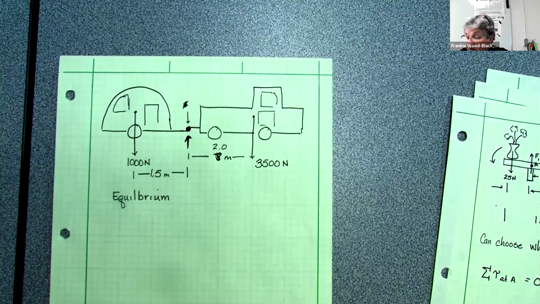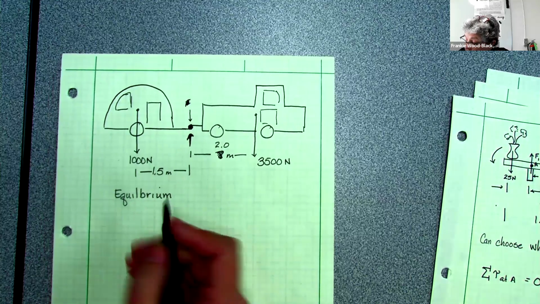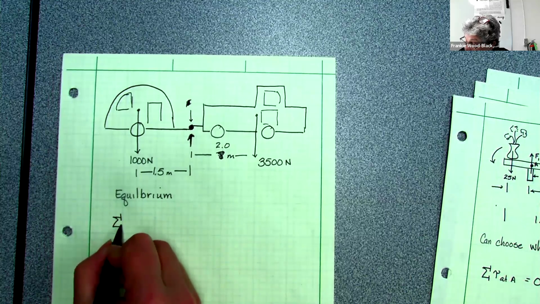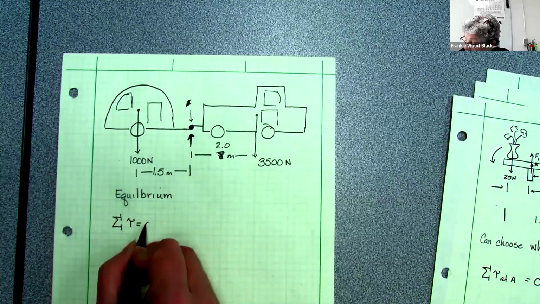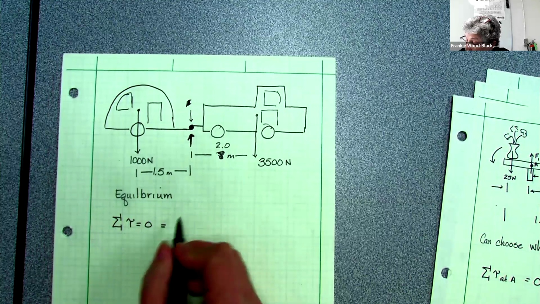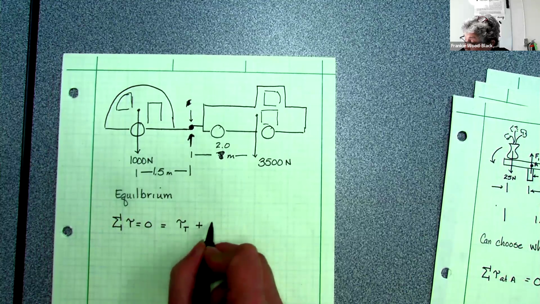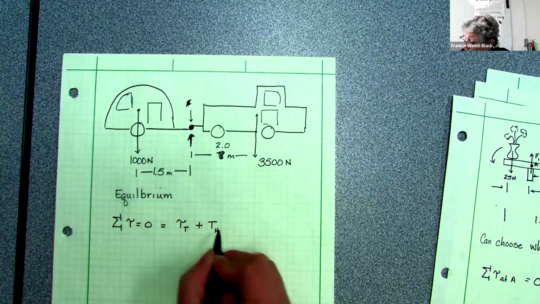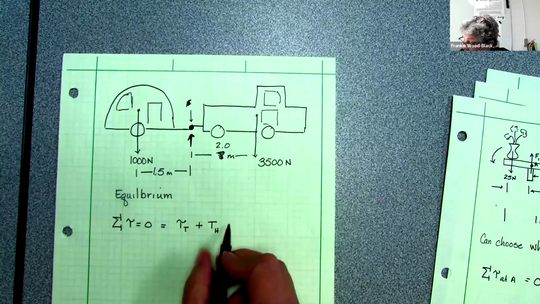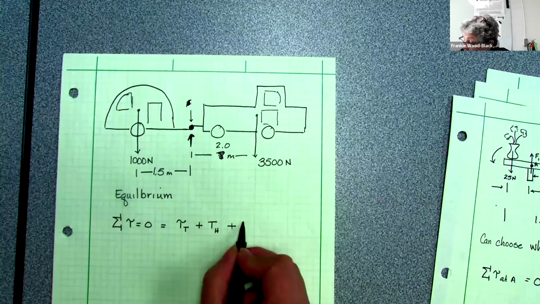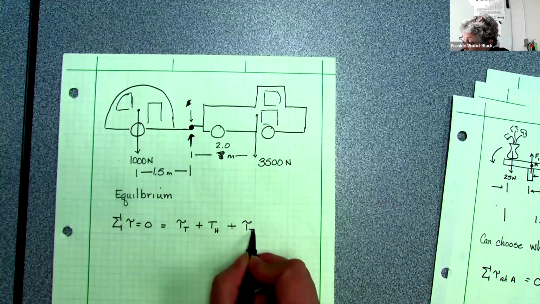So my sum of my torques has to equal 0. And I've got the torque related to the trailer plus the torque on the hitch. And then I've got the torque related to the truck.